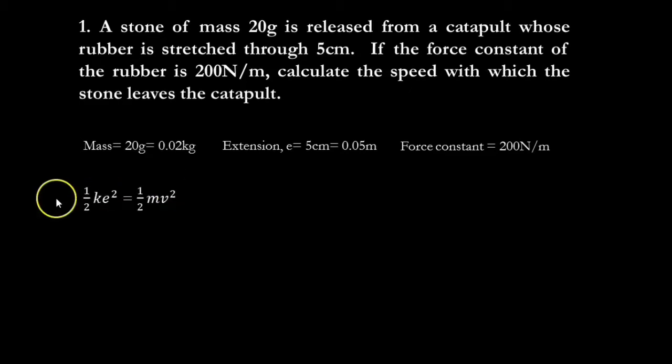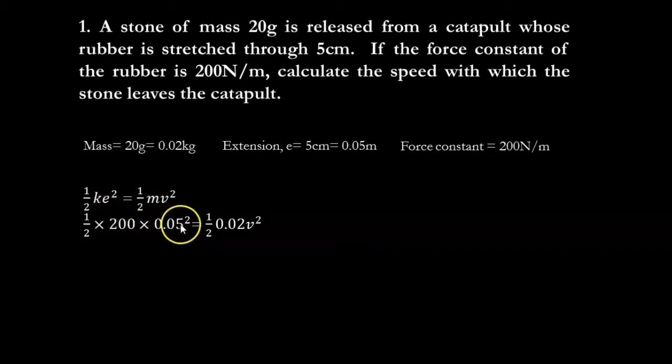Therefore, we have this, where this is the elastic potential energy of the rubber, and this is the kinetic energy of the stone. Inputting all these parameters, we have 1/2 multiplied by 200, which is the force constant, multiplied by 0.05 squared, which is the extension, is equal to 1/2 multiplied by 0.02, which is the mass, and v squared is what we are looking for.